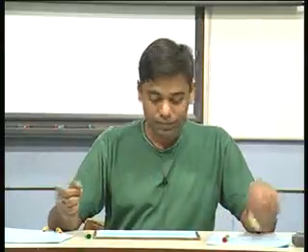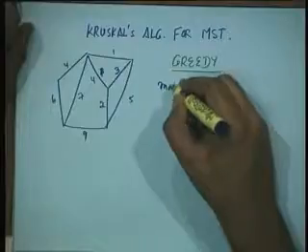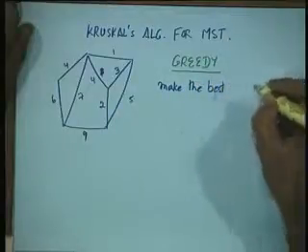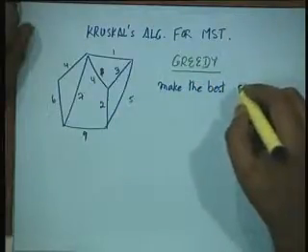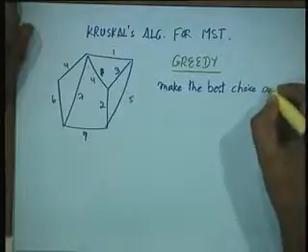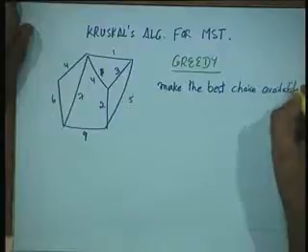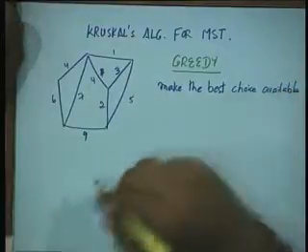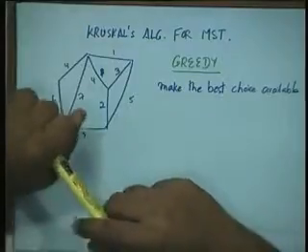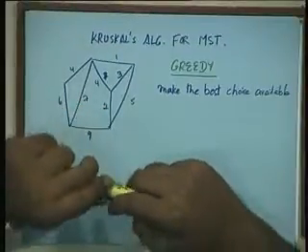Not optimum. Best. Right? Without thinking of the future. That's the key thing. Right? Make the best choice available. I will not write "without thinking of the future", but that's the reason why it's called greedy. You just make the best available choice at each step.